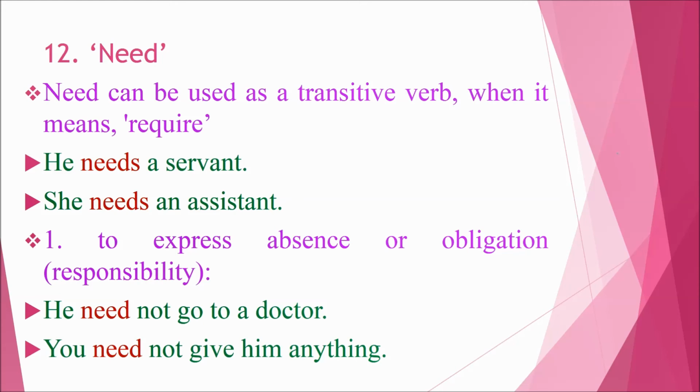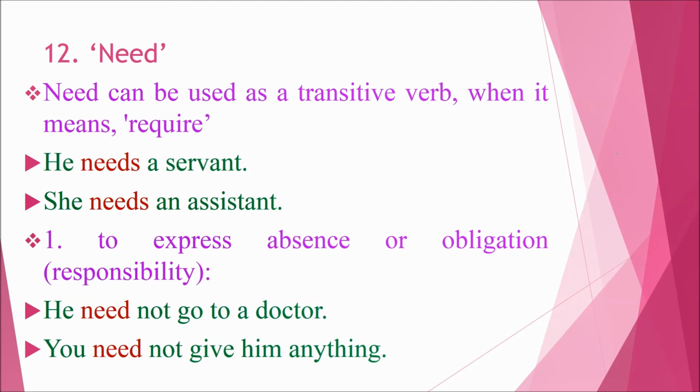So, what is meant by obligation? Obligation means responsibility. Now, let's see some example sentences. He need not go to a doctor. The next example sentence is: you need not give him anything.